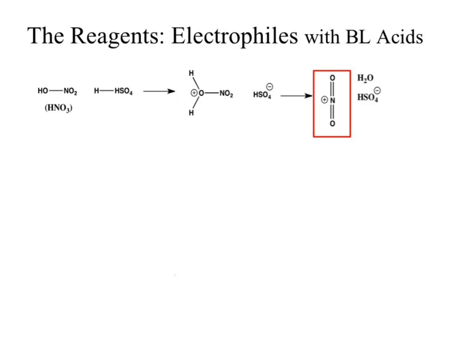What has to happen mechanistically in that very first step? What changes happen to HNO3? It accepts a hydrogen, right? Where did that hydrogen come from? The H2SO4. The oxygen on our HNO3 attacks the hydrogen on our H2SO4 to form our intermediates.